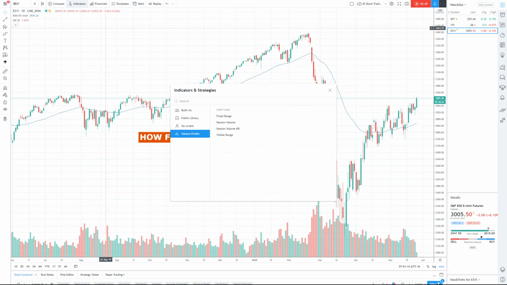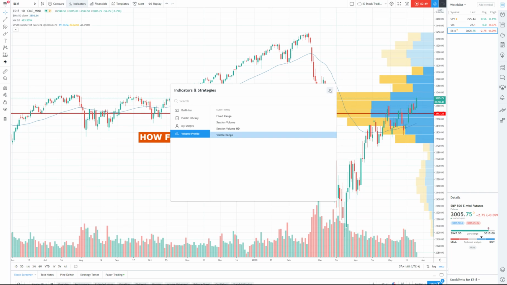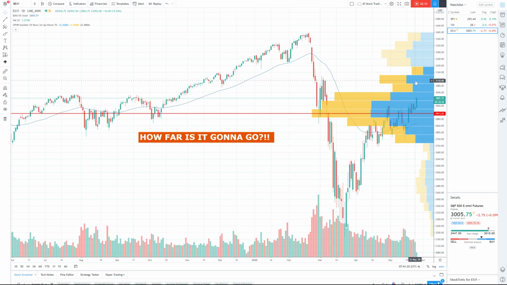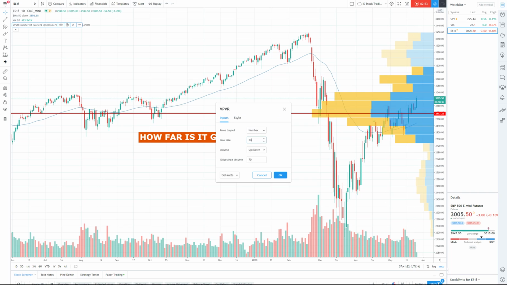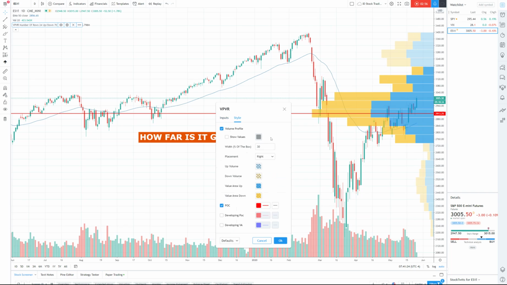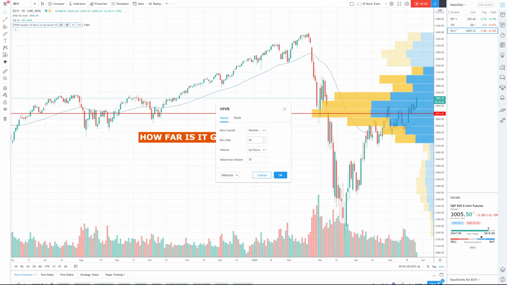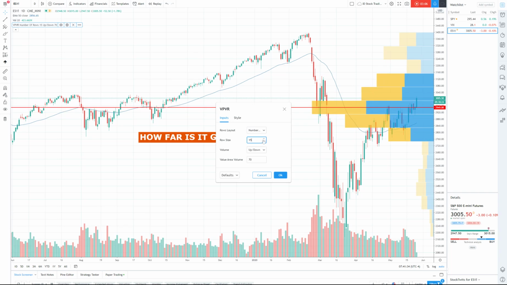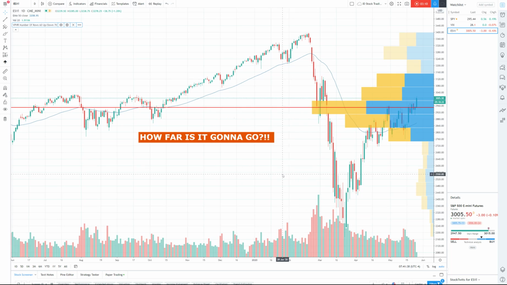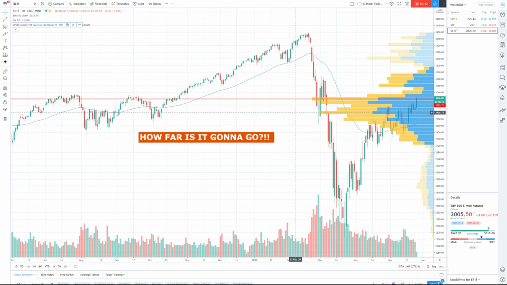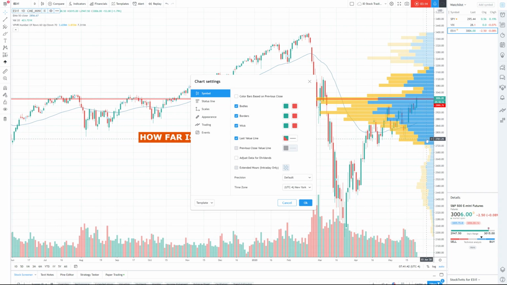To do that, we will use the volume profile, and we're gonna need to adjust some things. The row size will need to be bigger, and maybe even a little bit more.